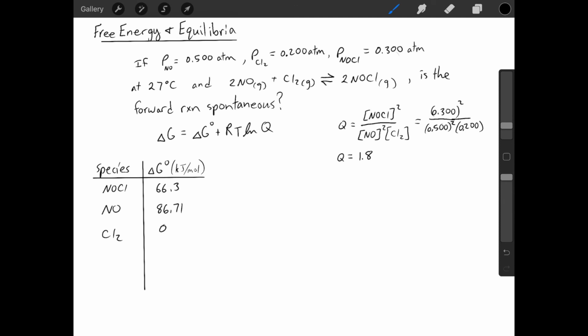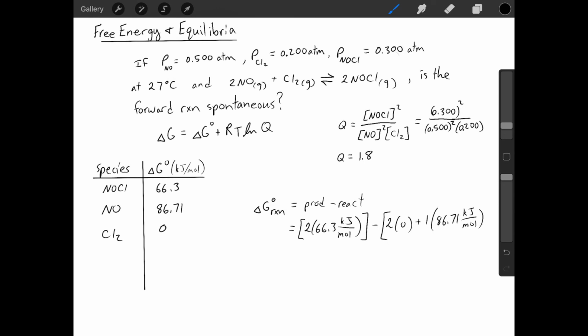Chlorine gas is chlorine in its standard elemental state, and the delta G naught for any element in its standard state is just 0. So the delta G naught for this reaction is 46 kilojoules, or if we convert everything to joules, 4,600 joules.